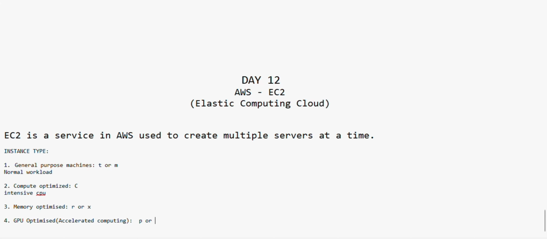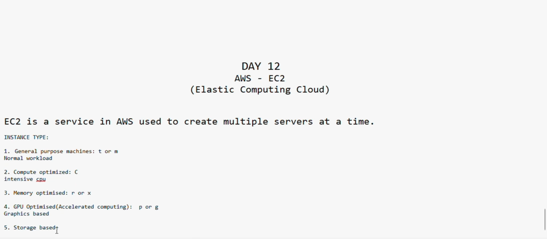This will start with the P or G series. The fifth and last one is storage based. If you need good storage, then you can use this storage optimized machine. It will start with the I or D series. So these are all the types of instances.